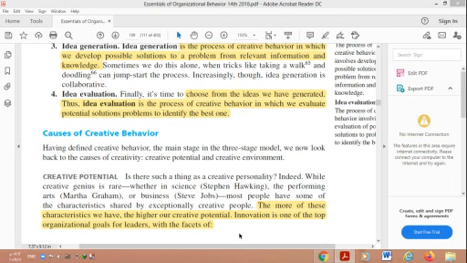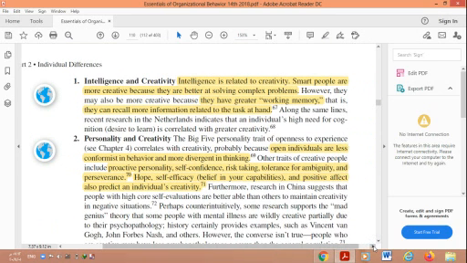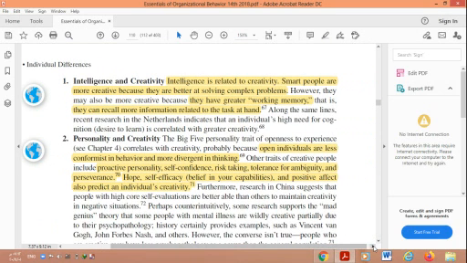Innovation is one of the top organizational goals for leaders, with the facets of the following. The first one, intelligence and creativity. Intelligence is, of course, related to creativity.